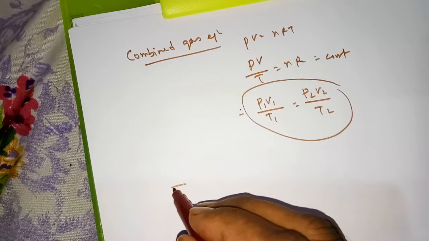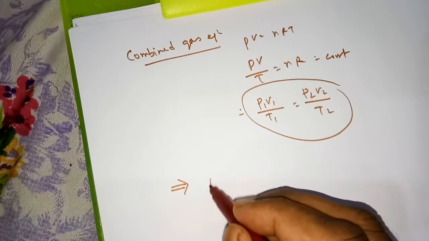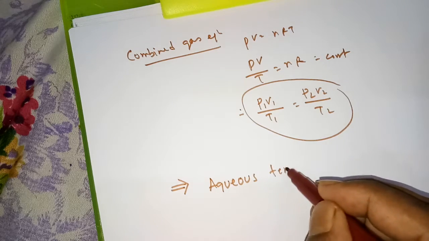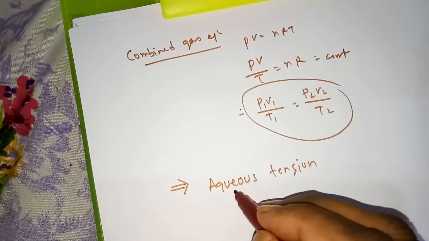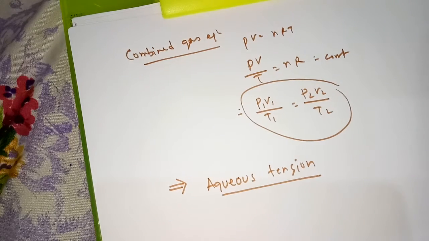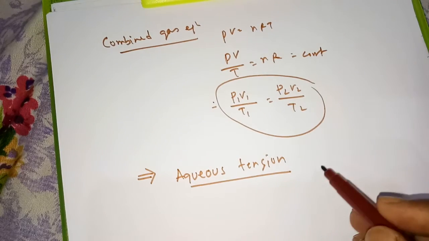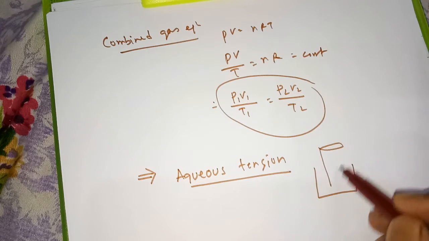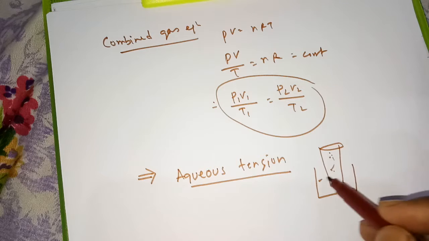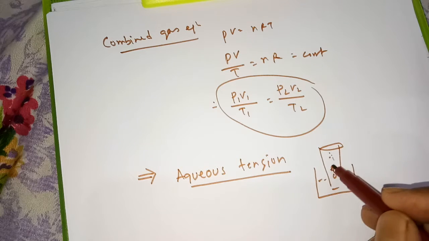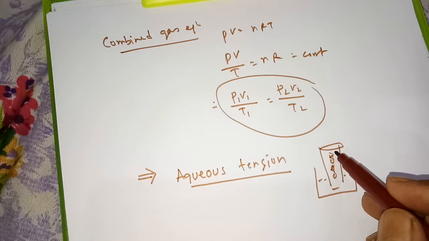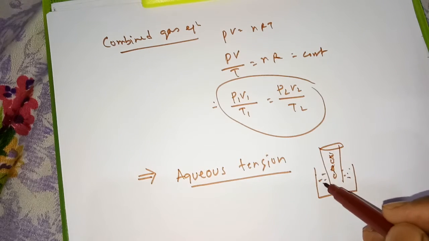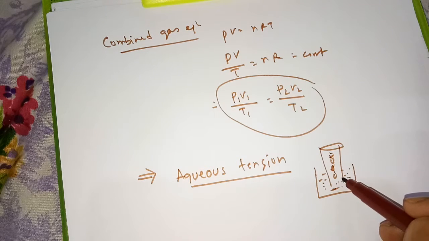Next we're going to read another point. This is aqueous tension. Now gases generally are collected in this manner. There is a jar and there is water. Now you collect the gas like that. When the gas is collected in the jar, it is just like when people come out of a swimming pool, there is some water stuck to their body.